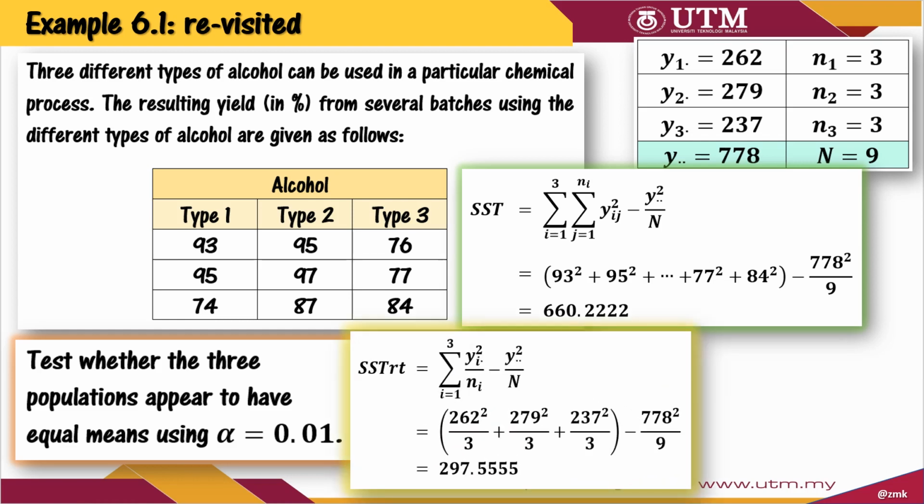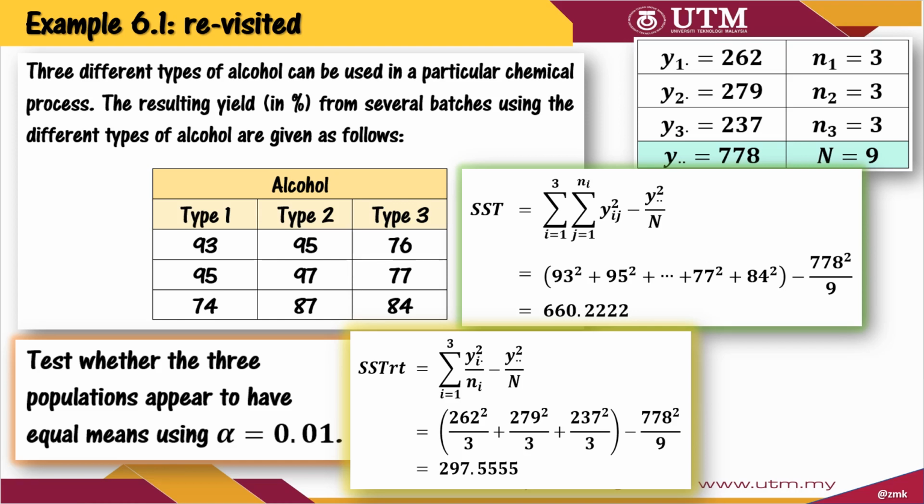Next, calculate the sum of squares due to treatment denoted by SSTRT given by the sum of all level total squared divided by the corresponding level size, that is 262 squared over 3 plus 279 squared over 3 plus 237 squared over 3 minus the grand total squared over the capital N. You may check that the value of SSTRT is simply 297.5555.